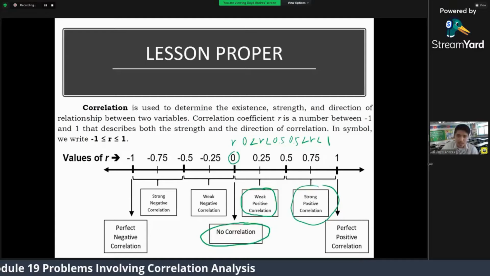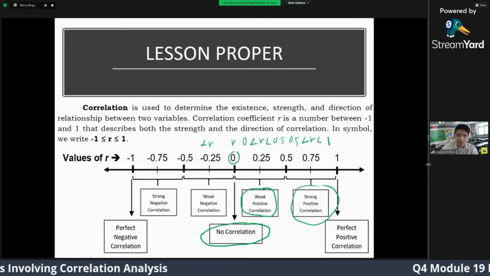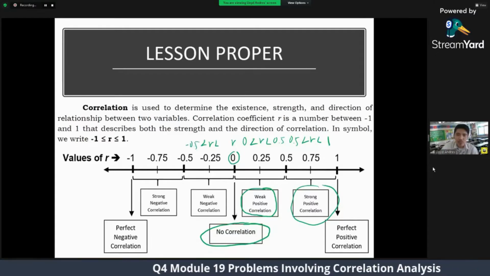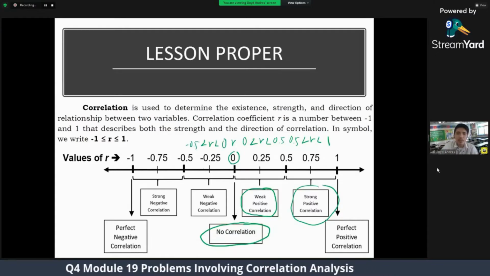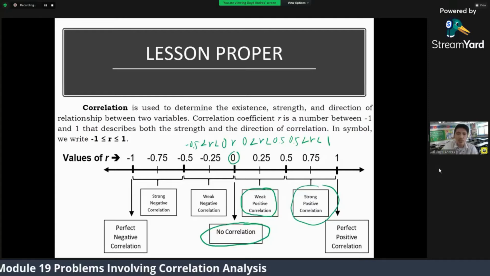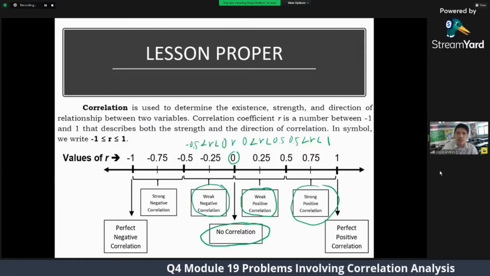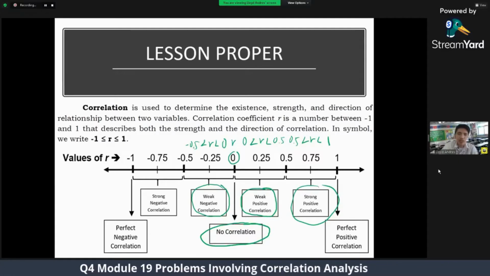And if your R is between -0.5 to 0, meaning greater than -0.5 but less than 0, you have a weak negative correlation. Negative siya because negative ang value, weak siya because between -0.5 to 0 man siya.